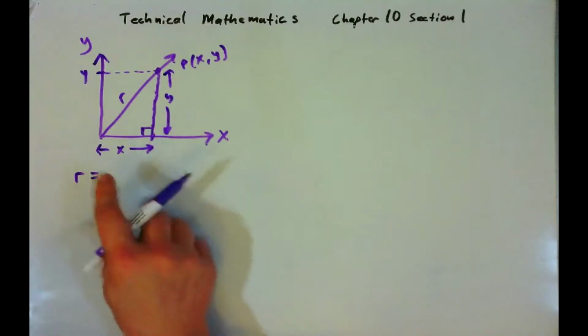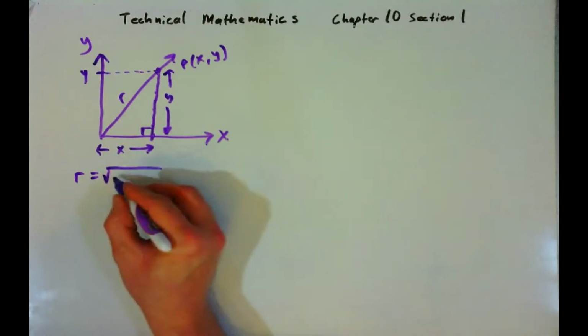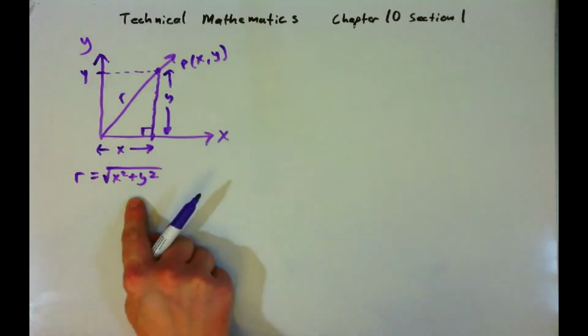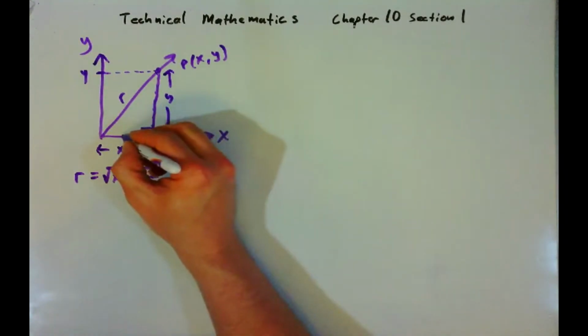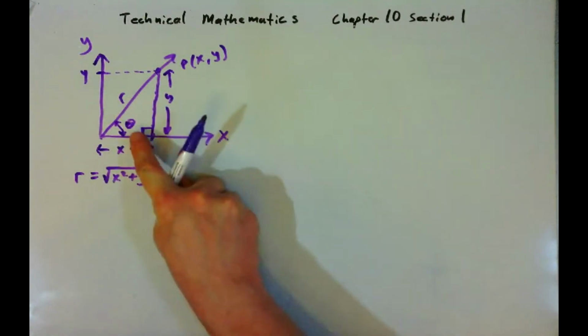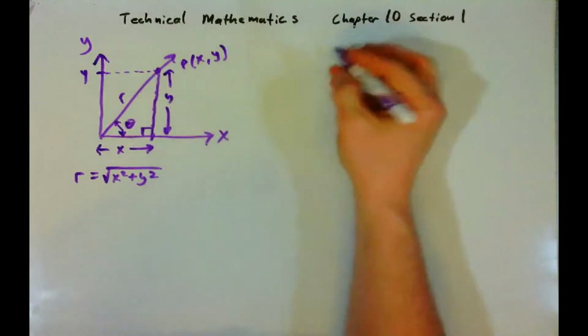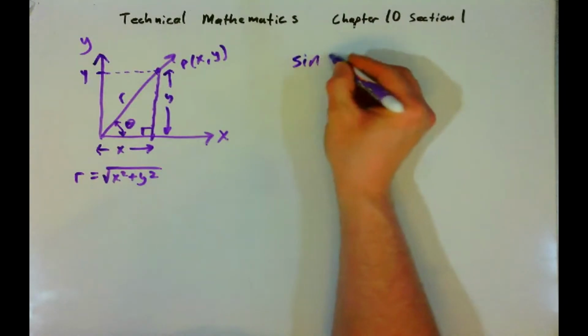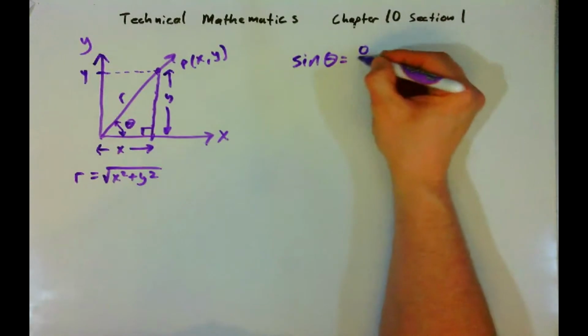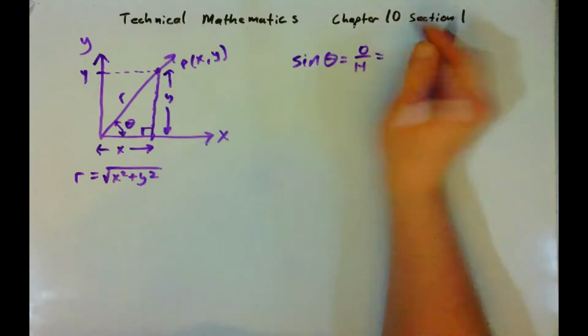And we've already seen that r is the square root of x squared plus y squared. That's the Pythagorean theorem. And the angle formed is this angle here. And let us look at the trig functions for this angle. So for example, the sine of theta. The sine of theta is defined as the opposite divided by the hypotenuse.